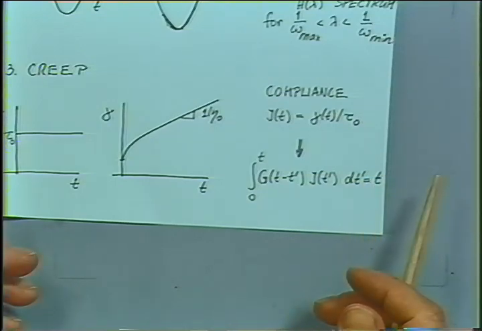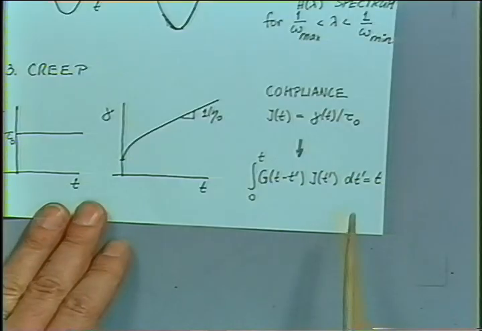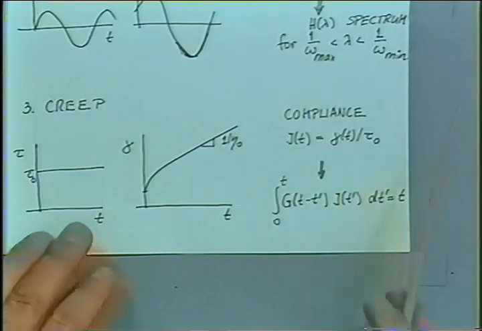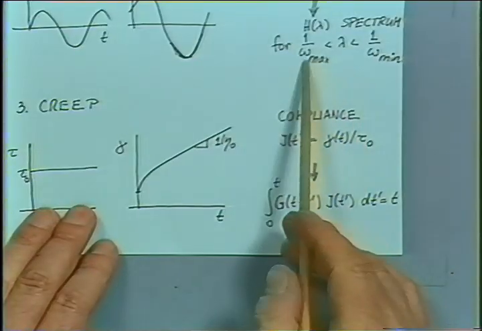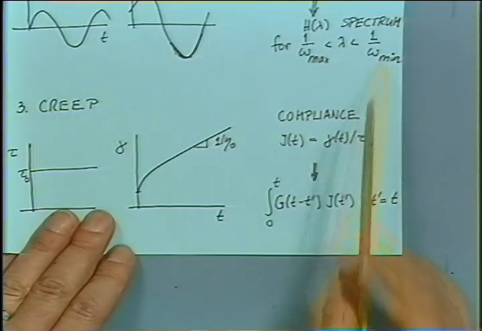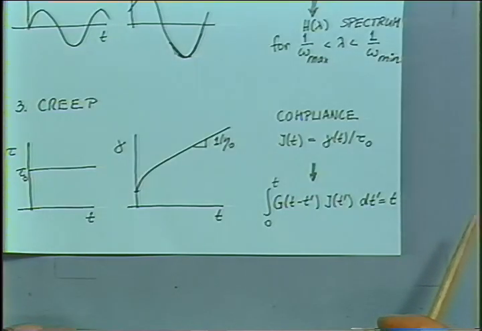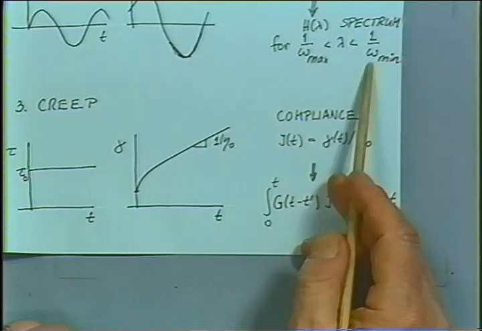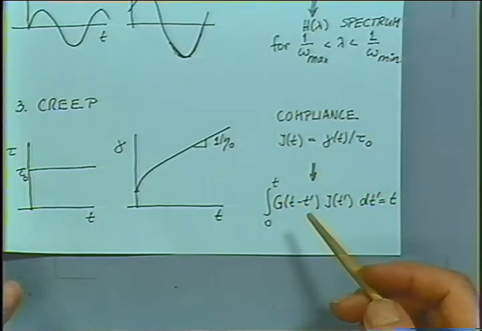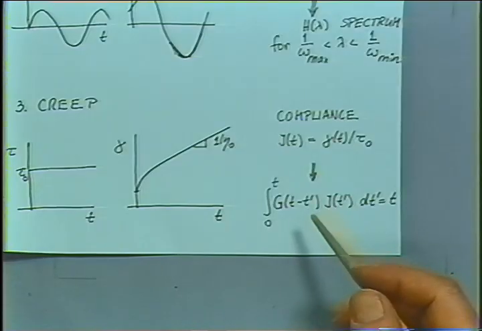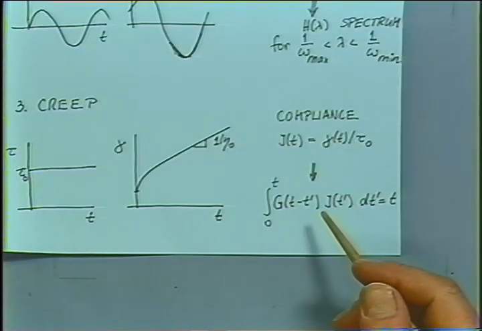But one reason is that the time window involved in the creep experiment is different than the time window in dynamic mechanical, for instance. A creep experiment can be performed over long periods of time. And the dynamic mechanical experiment is only performed in the frequency range which is admitted in the real experiment.